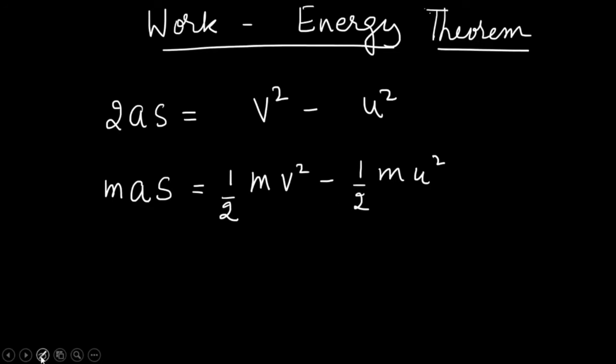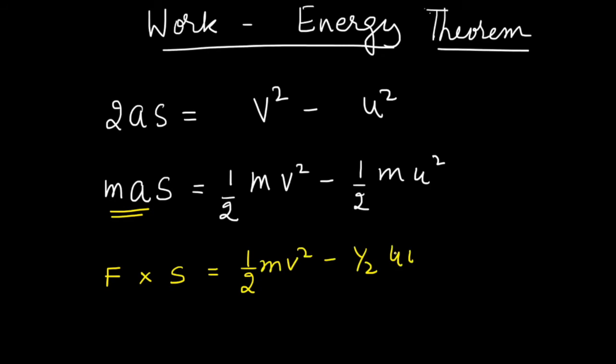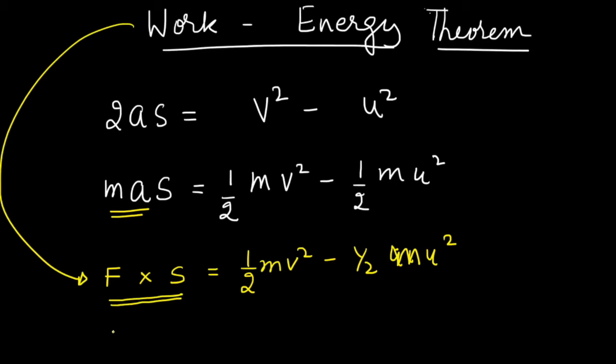This is F into s, which is the displacement, is equal to half mv square minus half mu square. Now this quantity on the left which has appeared is our definition of work in the one-dimensional world.